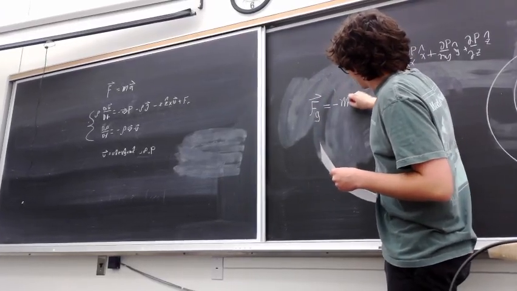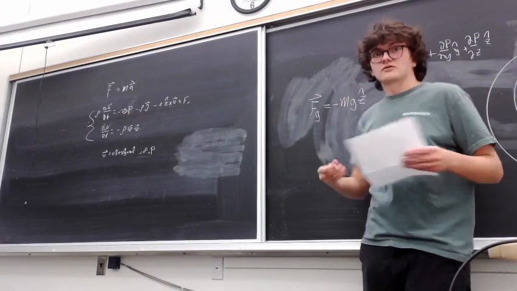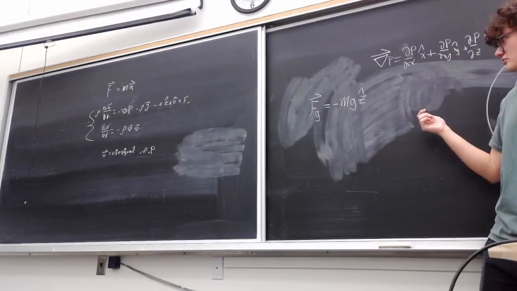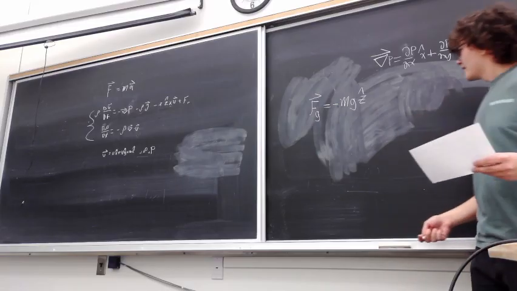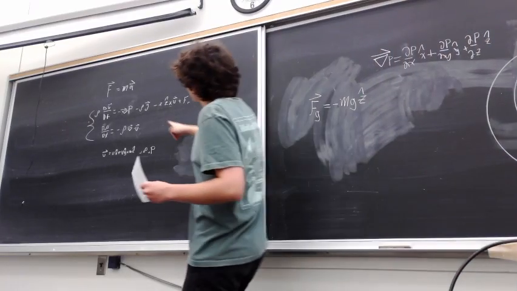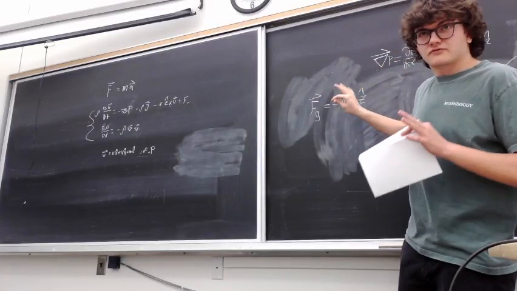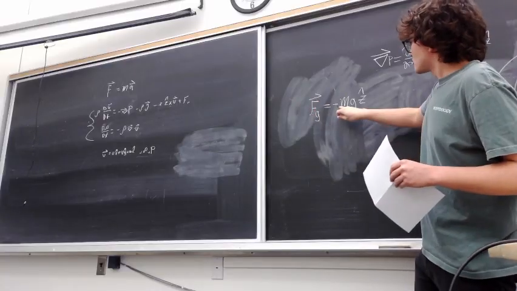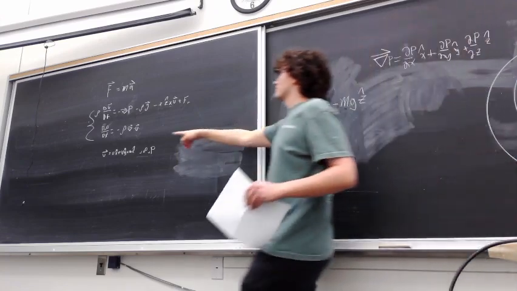This one is negative mg z hat. So you feel a force of gravity down, and it's proportional to the acceleration due to gravity and the mass that you are. But I didn't write just this, okay? So this is felt by a fluid, of course. The fluid feels gravity. And it is expressed per unit volume, as I said. So this m is actually an m divided by V, which is the rho here, okay?